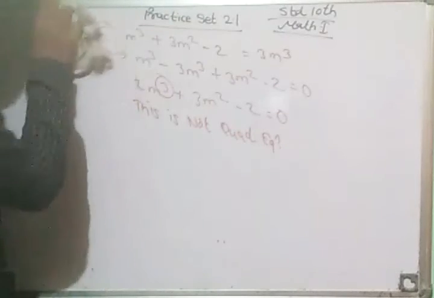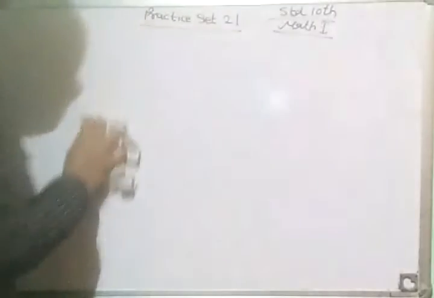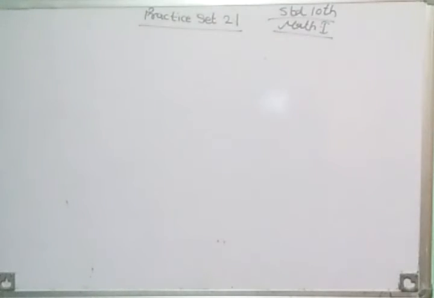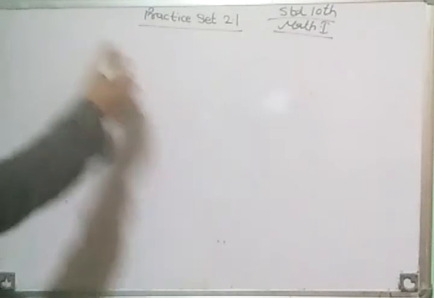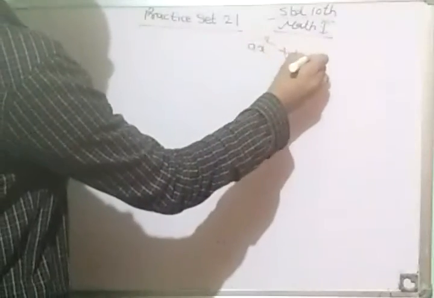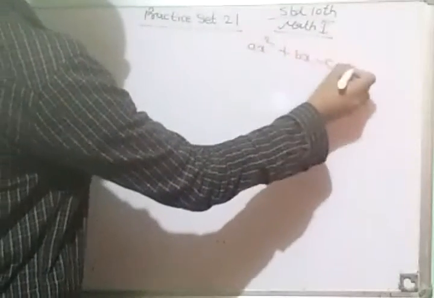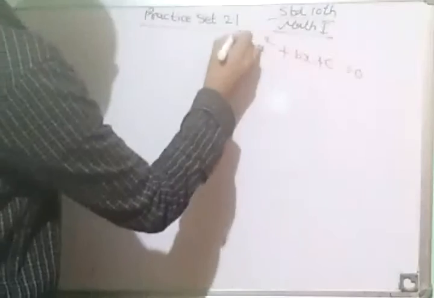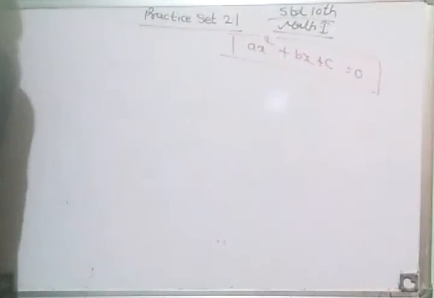Our third question is: write the following equations in the form ax square plus bx plus c. Friend, this is called a standard form: ax square plus bx plus c is equal to 0.